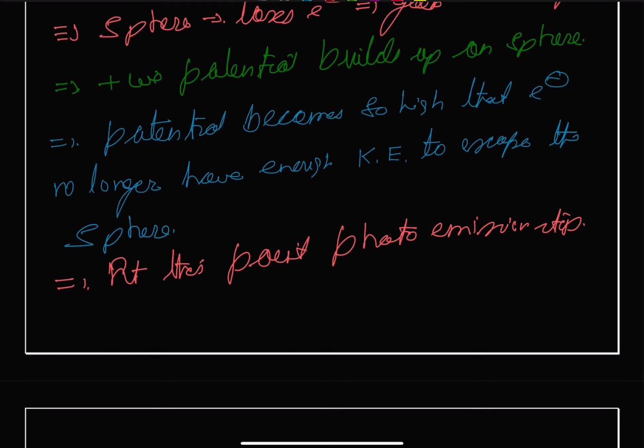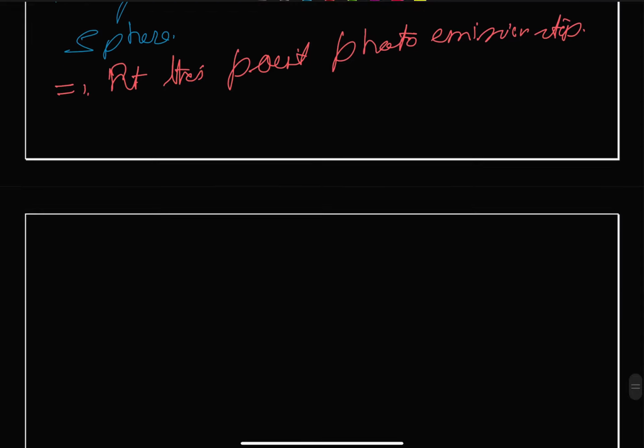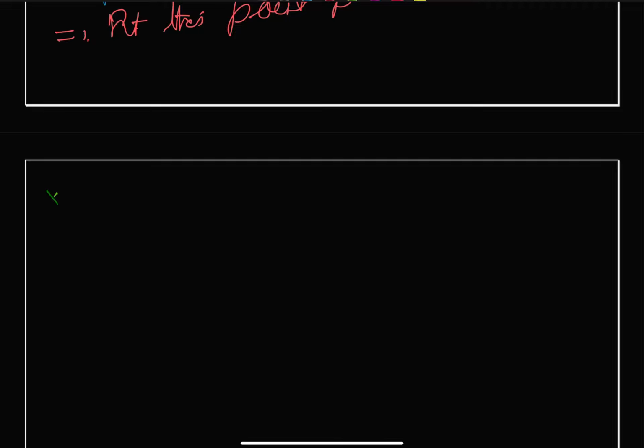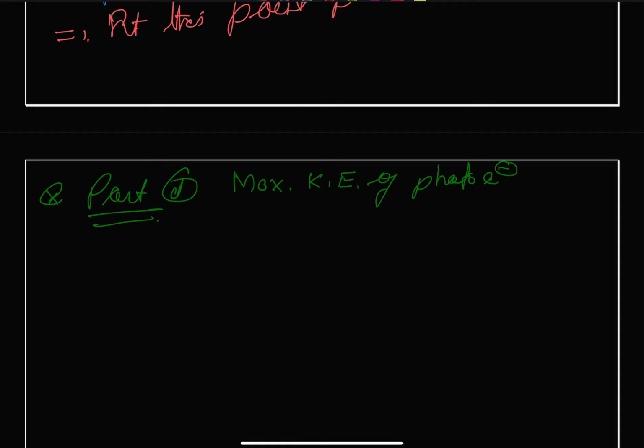Okay. And first of all, we can easily find out what will be the maximum kinetic energy of the photoelectrons. Now we come to part D. That is our K max.